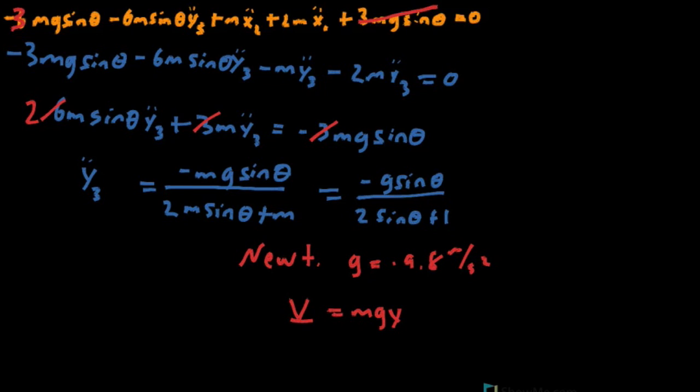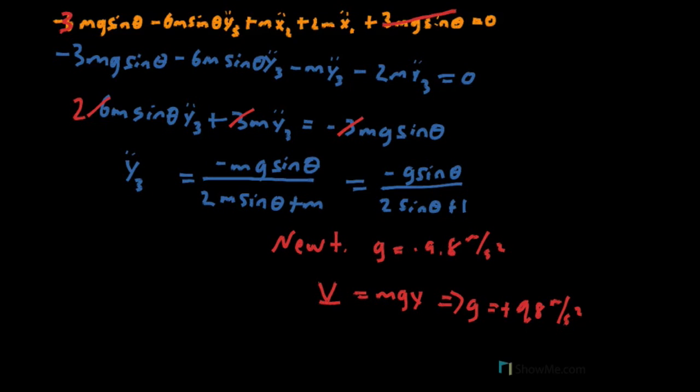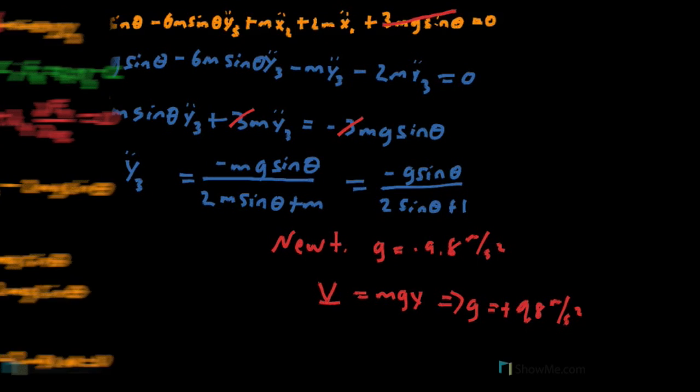But the potential energy has to get bigger as y gets bigger. And the only way for that to happen is if we let g equal positive 9.8 meters per second squared. And so even though it looks opposite to the answer we got using the Newtonian method, it's actually just because g has a positive value rather than a negative value in this case.